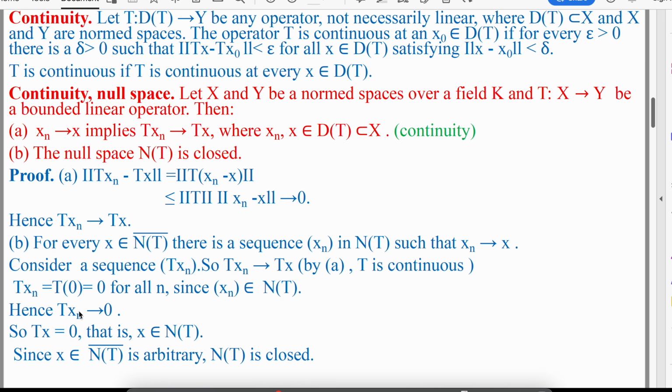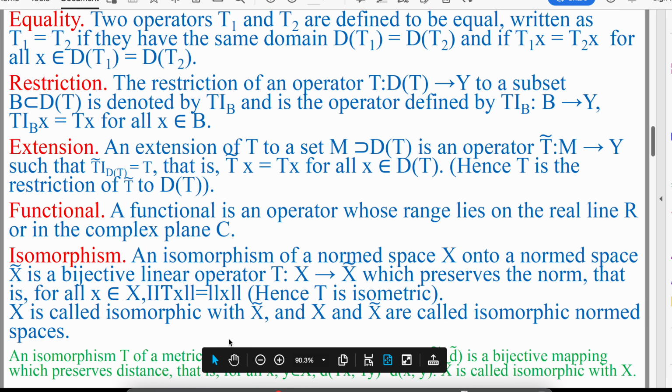It means Tx is equal to 0, and it means x belongs to null space of T by definition of null space. So we had chosen x to be an arbitrary element of closure of null space of T. It means null space of T is closed because it contains all its limit points.